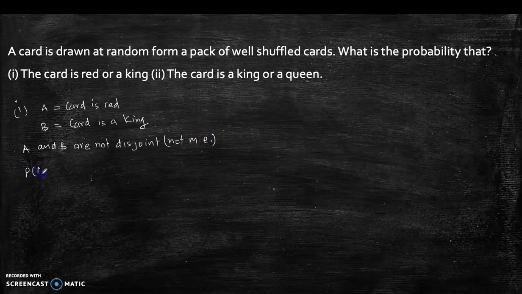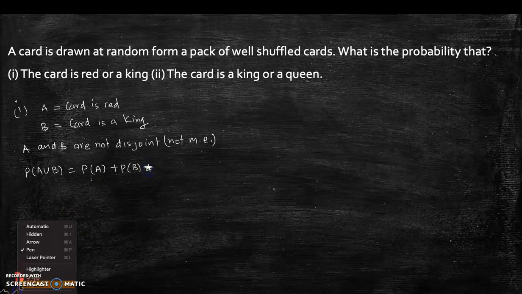So if the events are non-disjoint, then simply the probability of happening of A or B is given by the probability of happening of A plus the probability of happening of B minus, this is minus, I just need to correct it, I'm sorry, minus the probability of happening of A and B together.